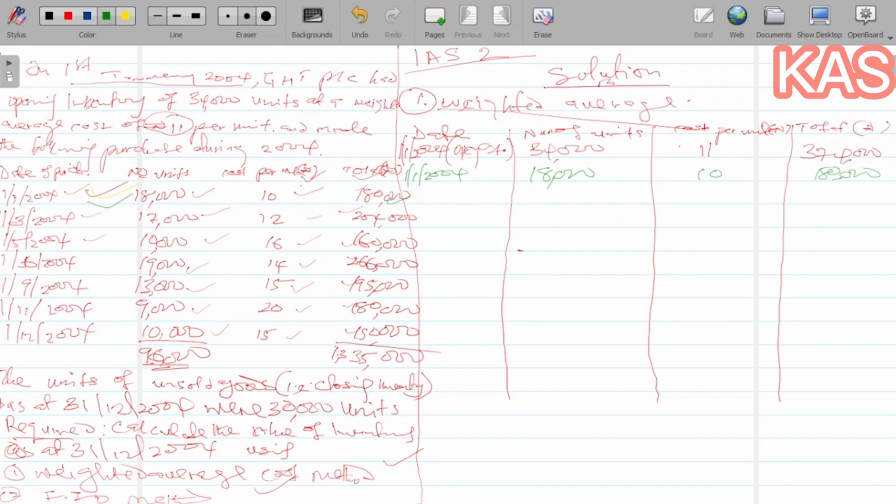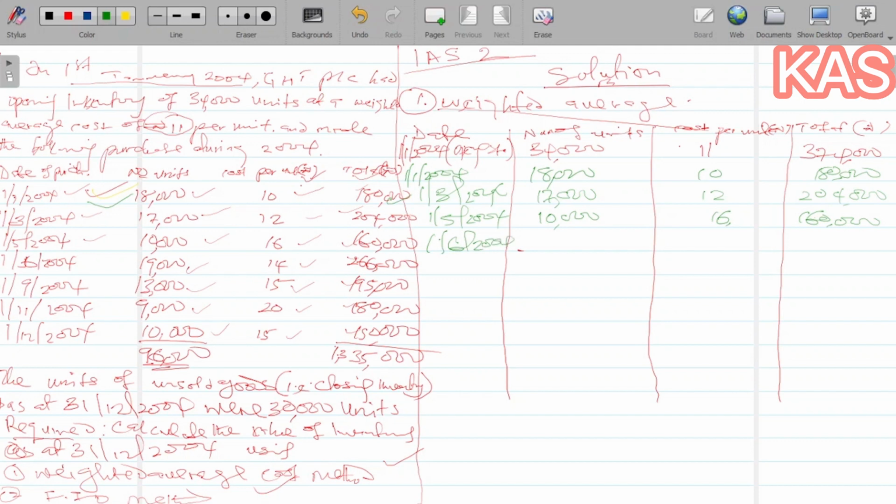The next one is March 2004. How many quantity? 17,000 at 12 naira. Total is 204,000. Then in May, the quantity is 10,000 at 16 naira, then 160,000.